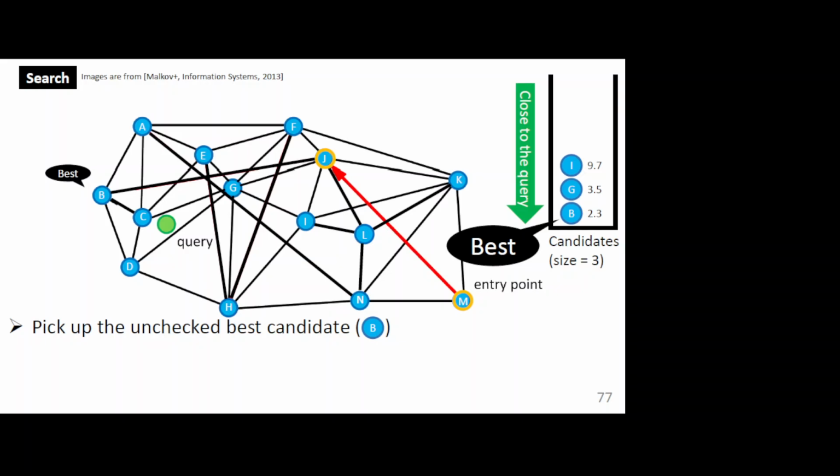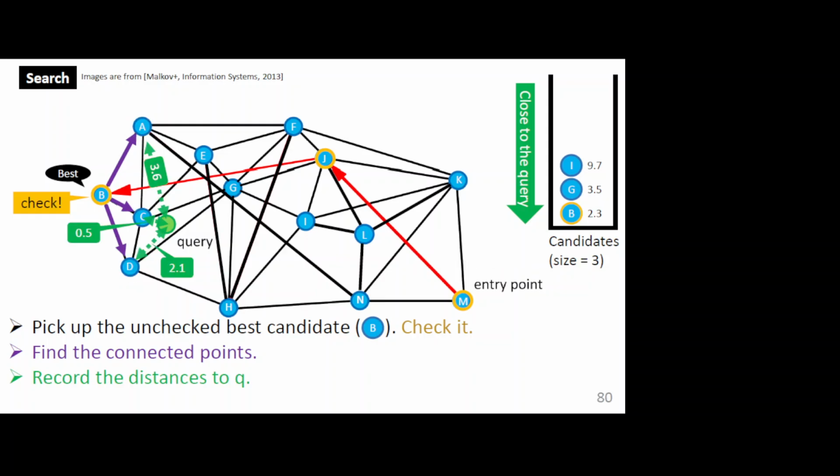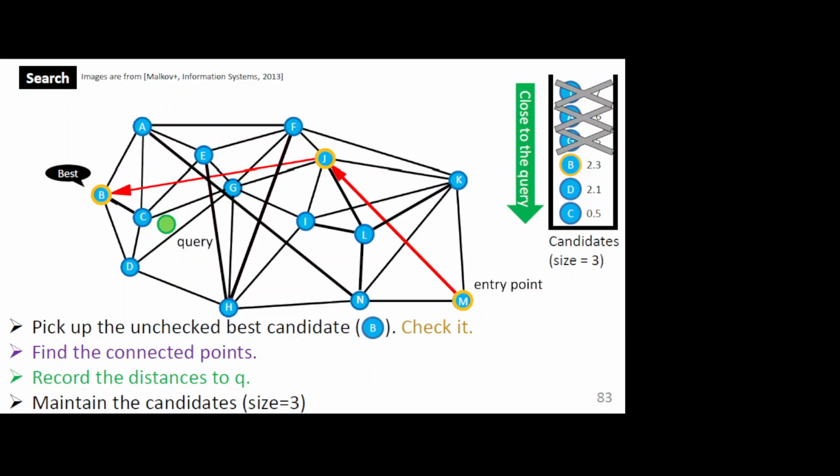Now in this bucket, the best one is node B. Now we move here. The path we check, and we again find its neighbors, including A, C, D. We compute the distance, and then sort again, then remove the others.